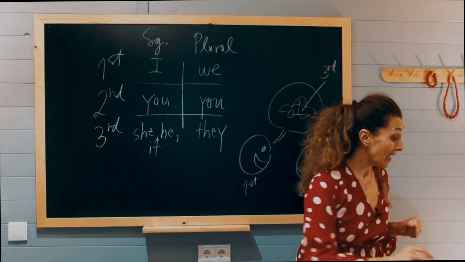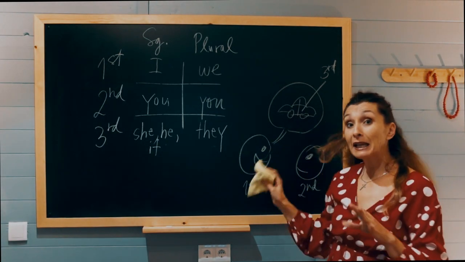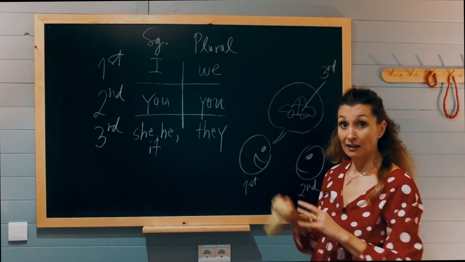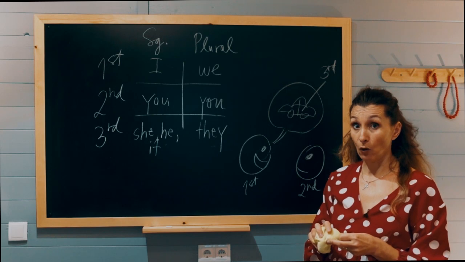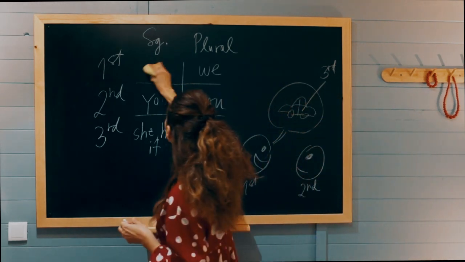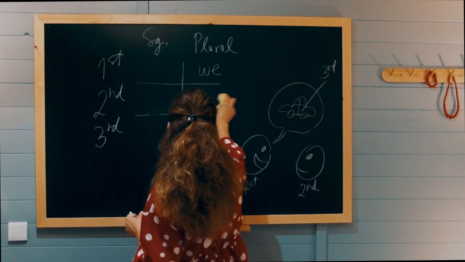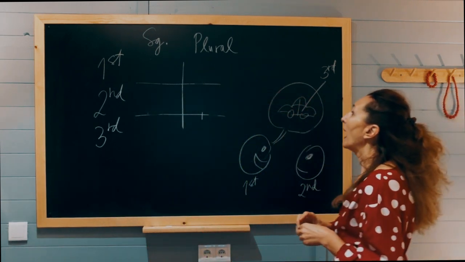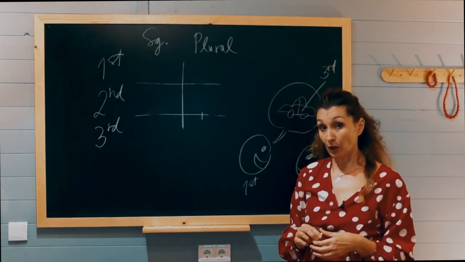Good. As I said, I started this with English examples because I wanted to make sure that you understand this grid and what these spaces stand for, okay? Now, I'm going to get rid of the English ones and I will write the Spanish ones, okay?